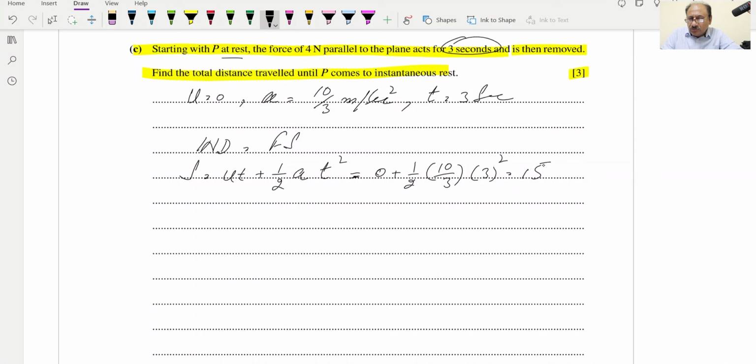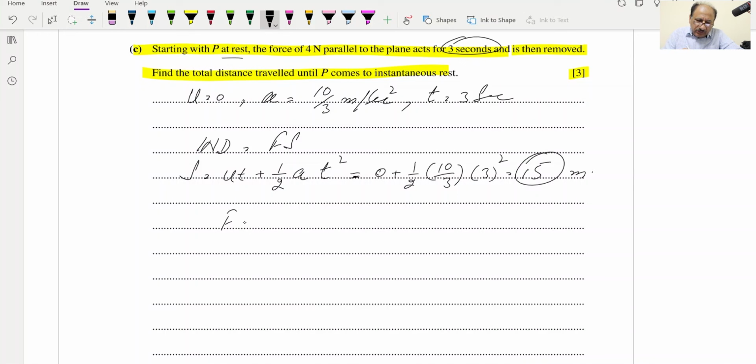So this is equal to 15 meters, and now we can find work done. Work done is equal to F into S. So 15 basically is the distance.